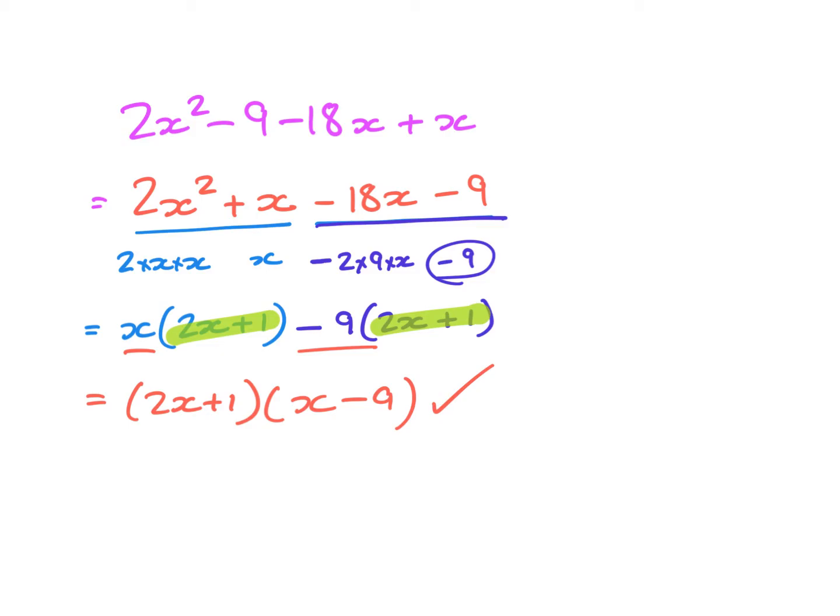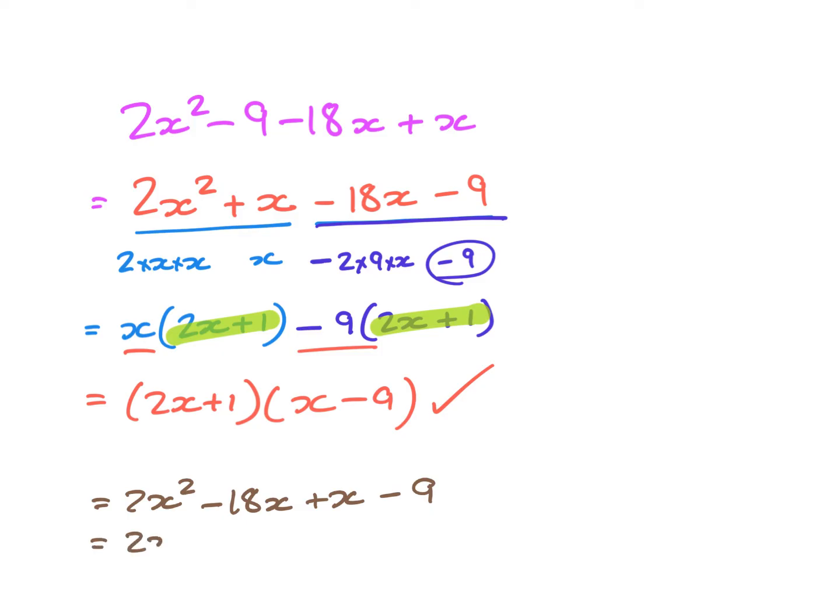So just to make sure that I'm actually correct, I'm going to do a quick FOIL, and I'm going to go 2x multiplied by x is going to give me 2x squared. 2x multiplied by minus 9 is minus 18x. 1 multiplied by x is going to give me plus x, and 1 multiplied by negative 9 is negative 9. So let's see if we've got all those in the right place.